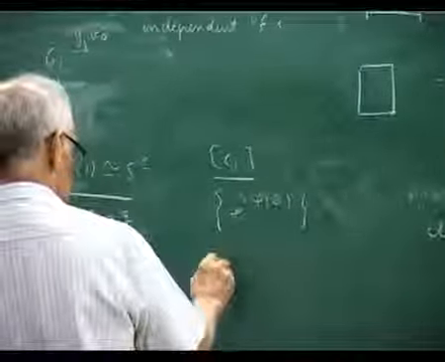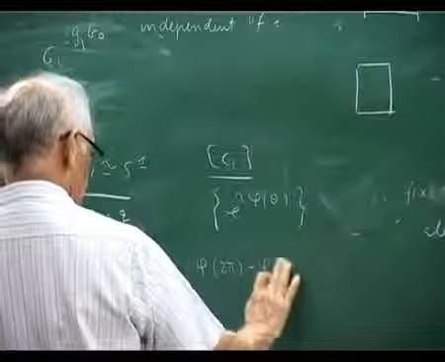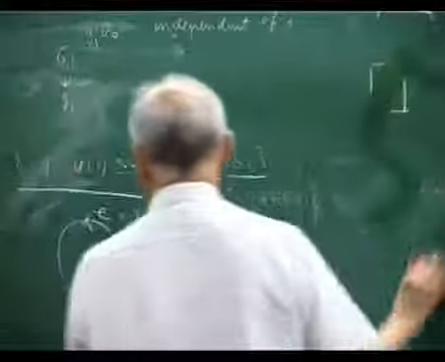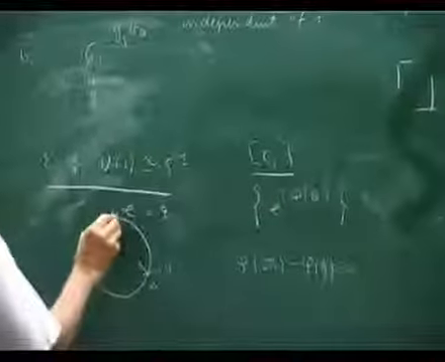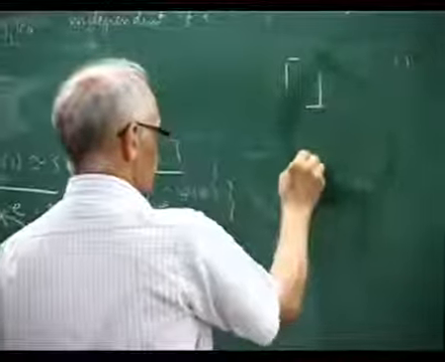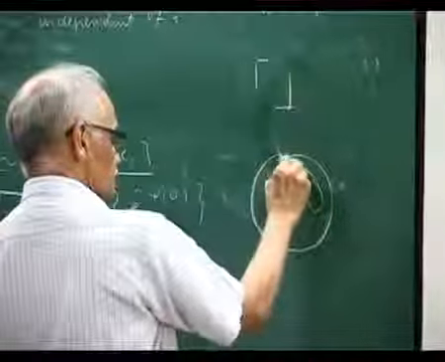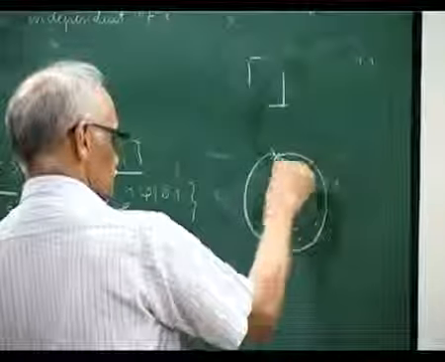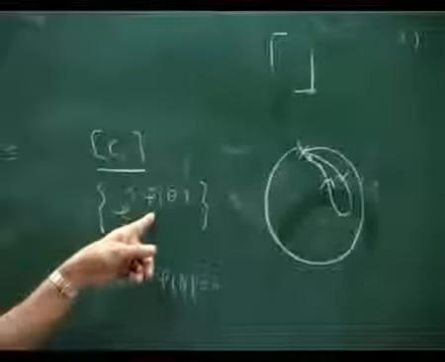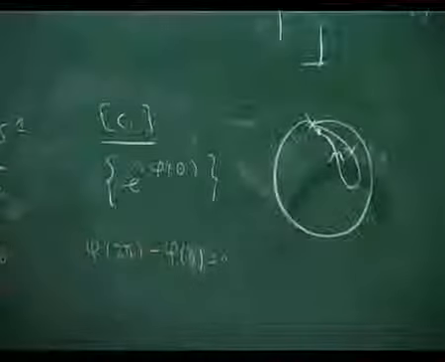So phi at 2 pi minus phi of 0 is 0. So this will be a curve like, I start here, I go like this and come back. So the net change in the phase here, or you can write it in terms of logarithms, is 0.